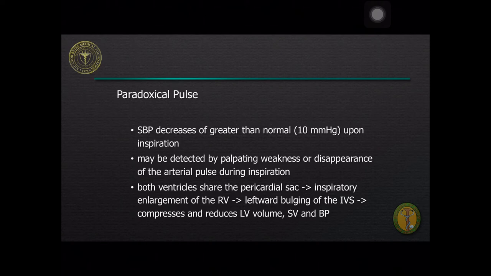Since both ventricles share the pericardial sac, inspiratory enlargement of the right ventricle causes leftward bulging of the interventricular septum, resulting in compression and reduction of the left ventricular volume, stroke volume, and blood pressure.